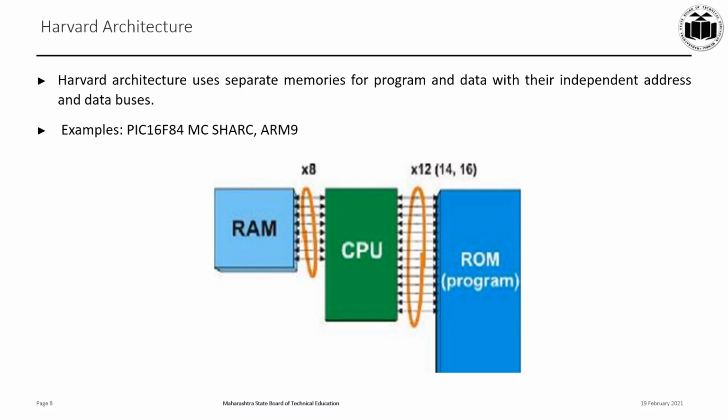As seen here in the diagram, 8 bits can be transferred between the RAM or the data memory and the CPU, and 12, 14 or 16 bits can be transferred between the CPU and the ROM, which is the program memory. Because of this, the size of the address and data bus may be different. Also, the data and code are fetched simultaneously and hence this increases the speed of the system.